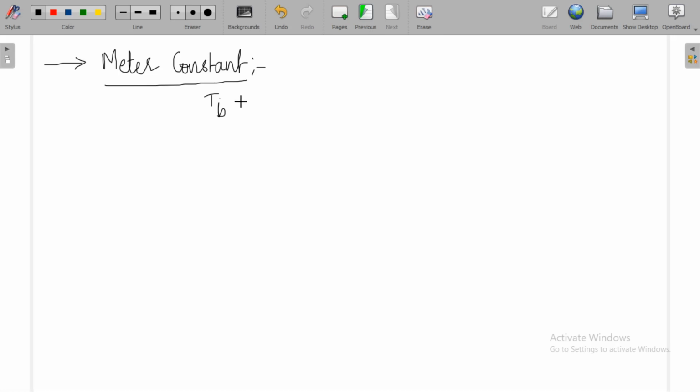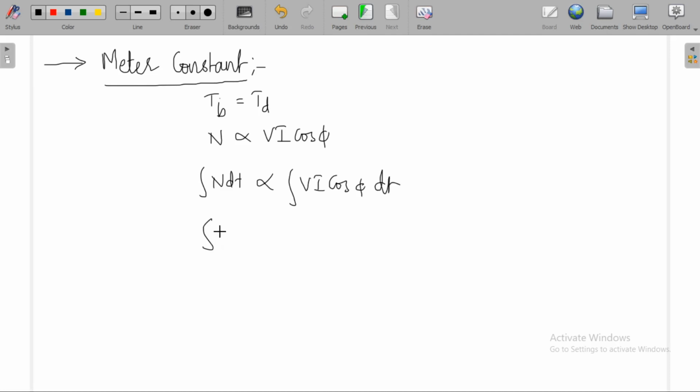The disc rotates with constant speed when TB is equal to TD. That is, N is directly proportional to AC power, that is VI cos phi, or simply power. So integration of N dt is directly proportional to integration of VI cos phi dt.